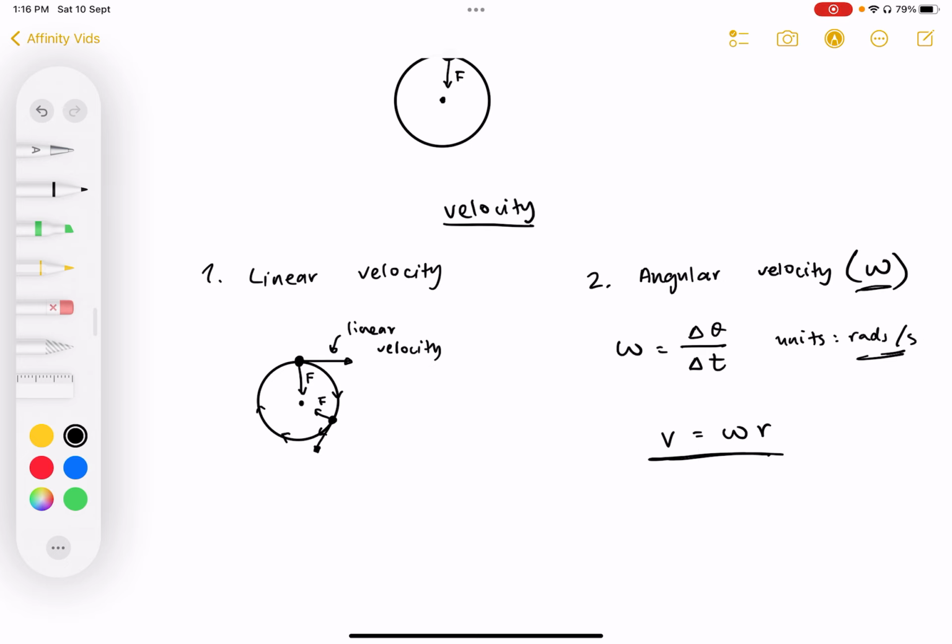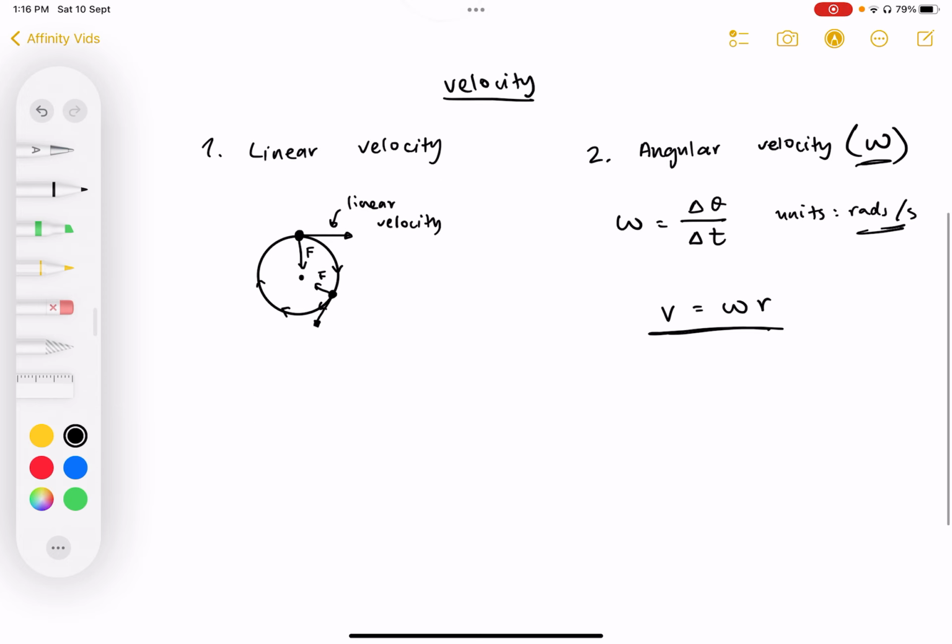So now we can move on to centripetal acceleration because we know what our velocity is. Here we go. So the direction the object is moving is constantly changing, and the velocity is changing.